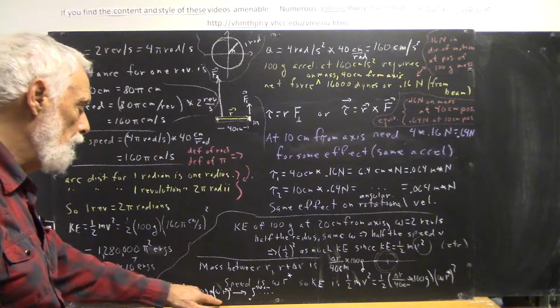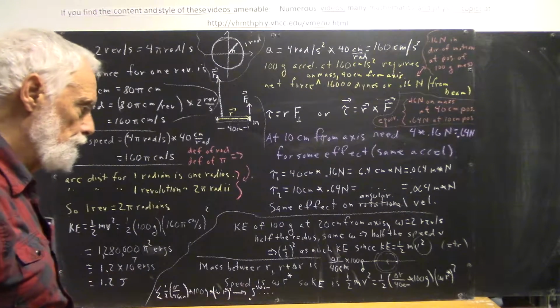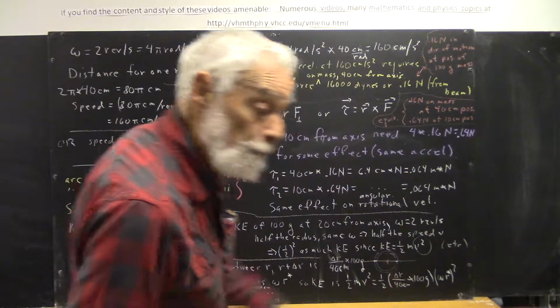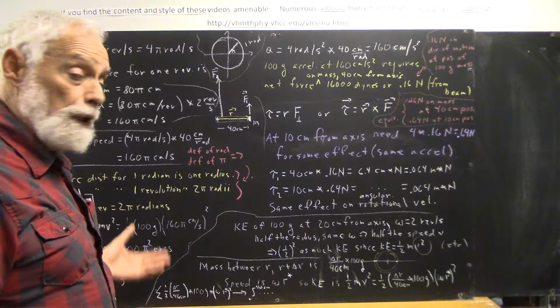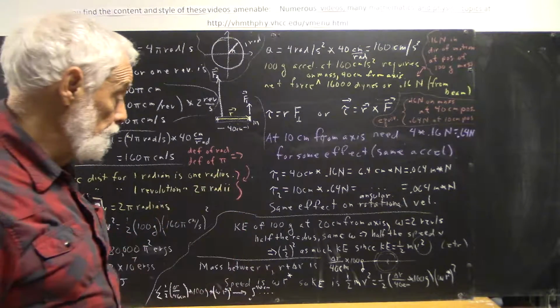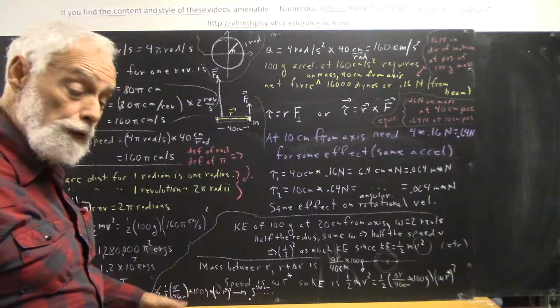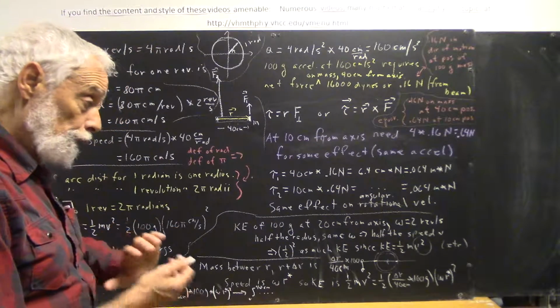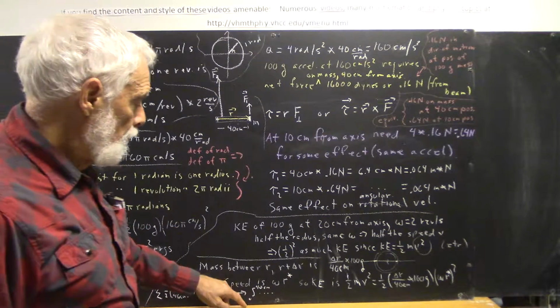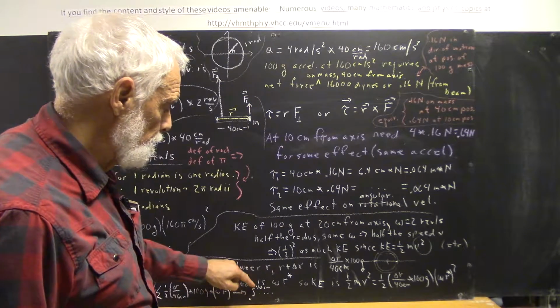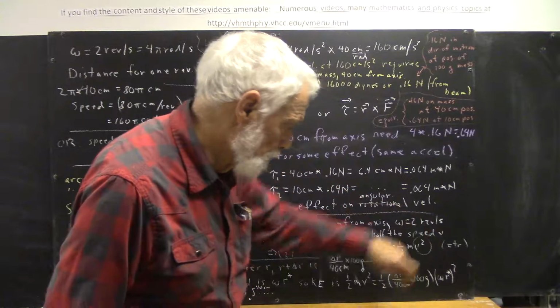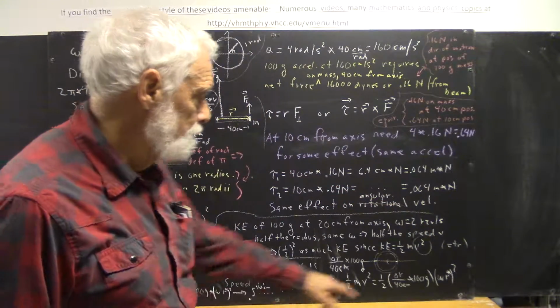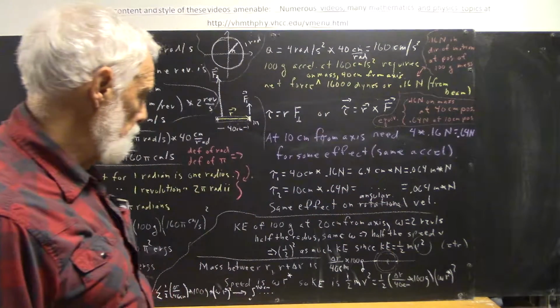We sum up all those kinetic energy contributions for all the little delta r increments. And then we take the limit as our delta r approaches 0. We get more and more of these. We get closer and closer to the actual kinetic energy. And our final kinetic energy is the integral from 0 to 40 centimeters, because we partitioned r from 0 to 40 centimeters, of the expression that we get from here.